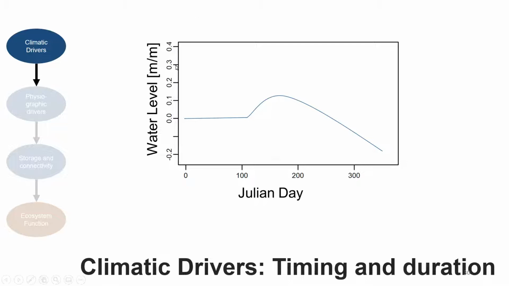On the y-axis is water level. On the x-axis is Julian day. But what's unintuitive is, since I'm in modeling space, you can do anything, right? So we ran the model for 1,000 years, and this line represents the average of that 1,000 years. So on January 1st, that's the average water level from those 1,000 years.